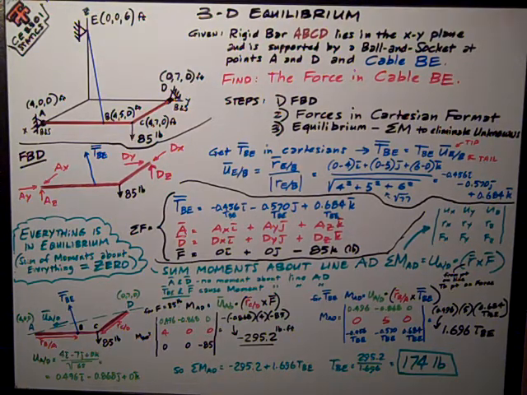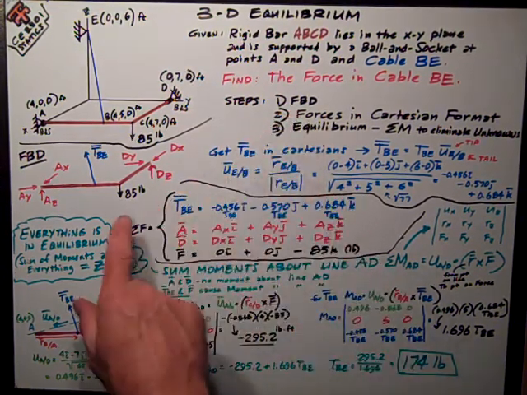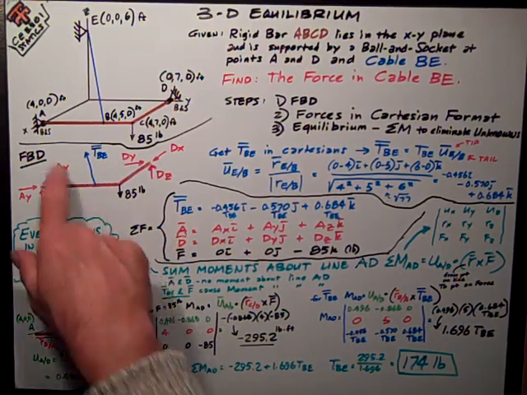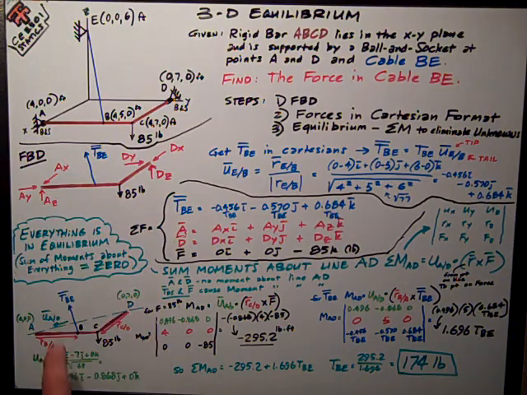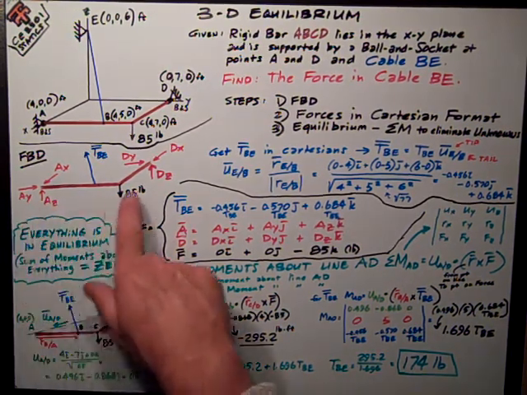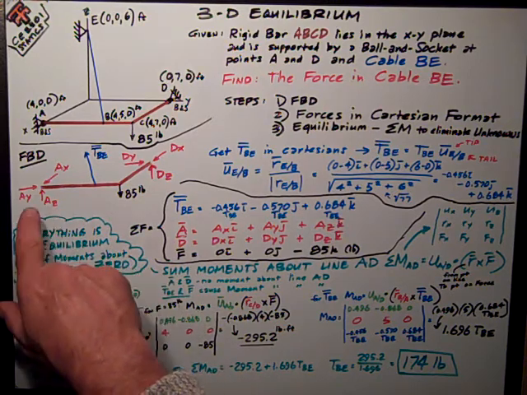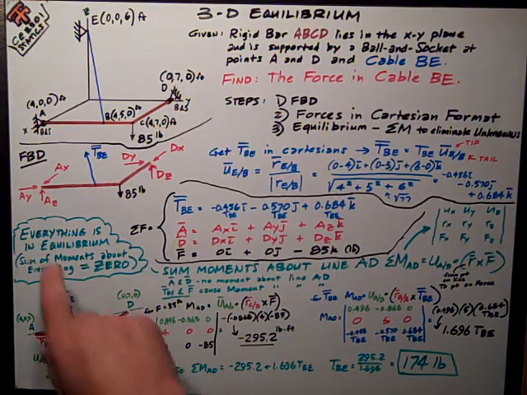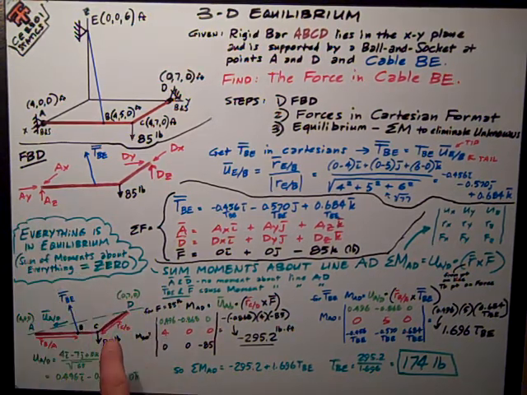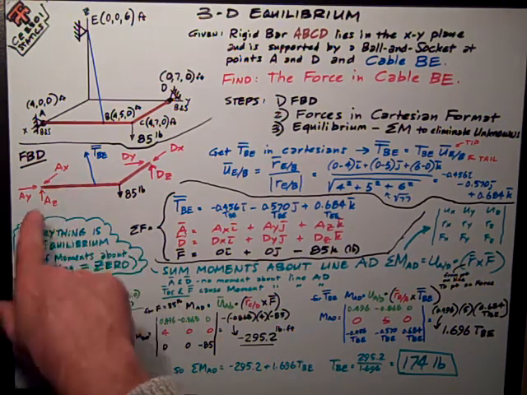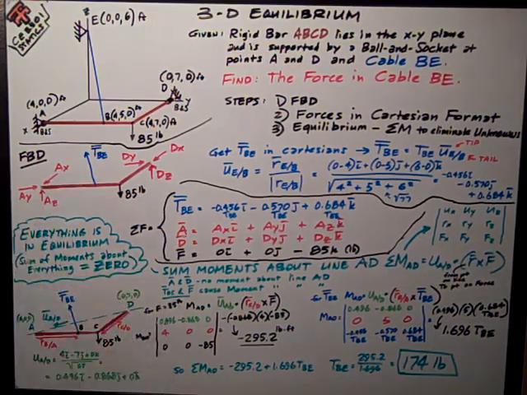So, like I said, the first step is to do a free body diagram. And so over here I've done the basic free body diagram. I've eliminated my coordinates and my points or anything like that just to make it clearer. It's just a rigid bar ABCD. And at A I have a ball and socket which allows rotation, so it provides no moment resistance, just forces to prevent translation, AX, AY, and AZ.